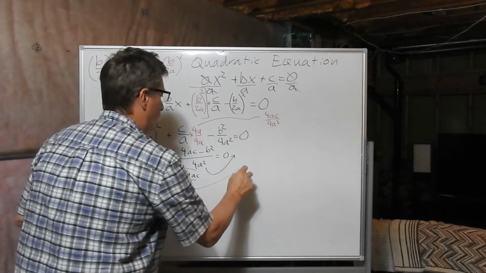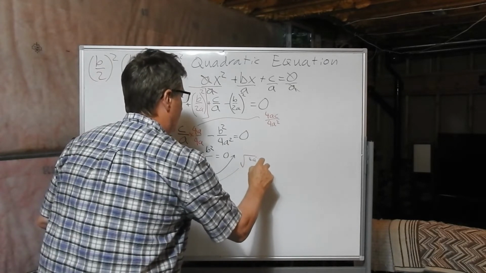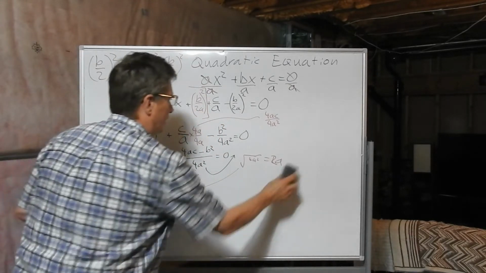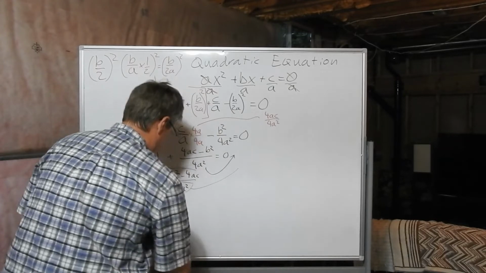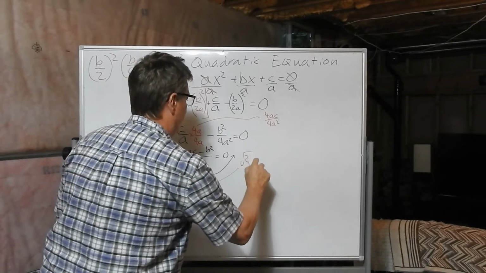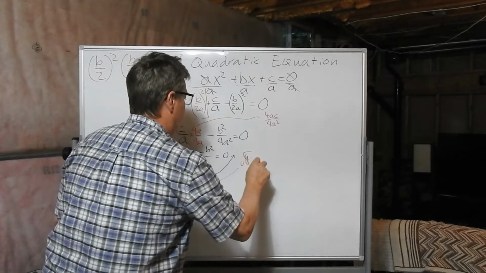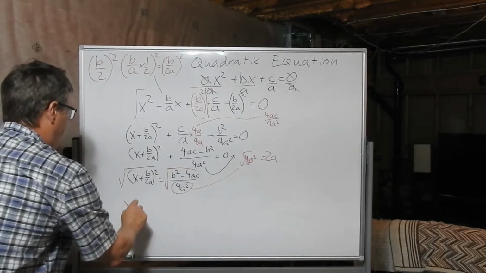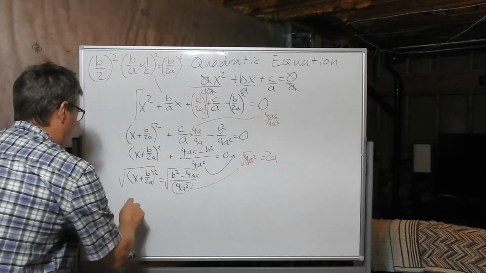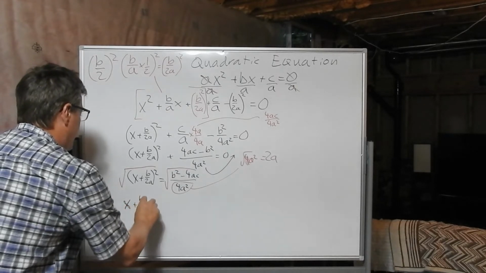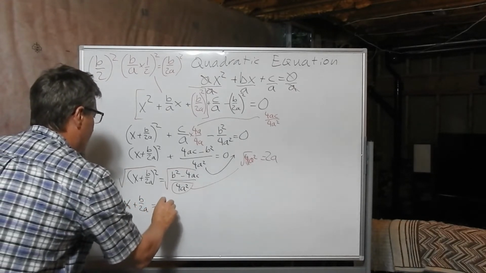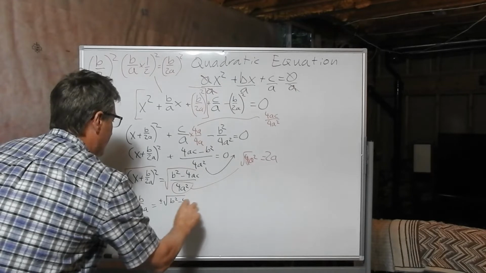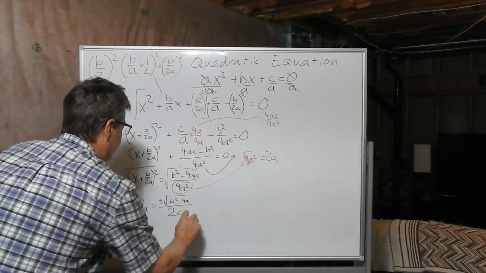This is easy. The square root of 4a squared is 2a. So we'll be left with x plus b over 2a equals plus or minus the square root of b squared minus 4ac, all over 2a.